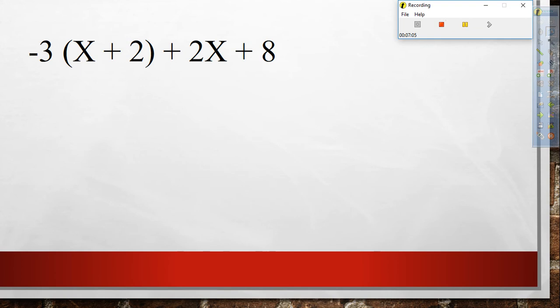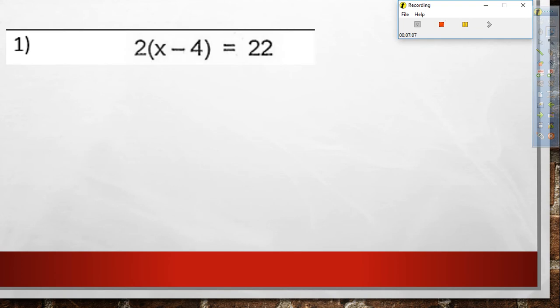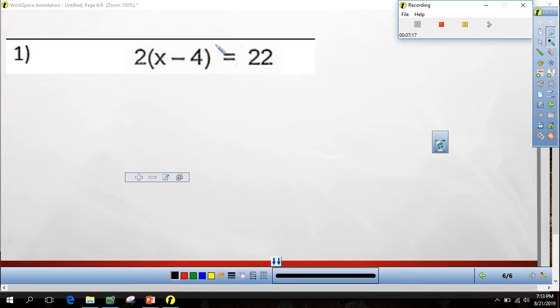Alright, now we're going to take that information and solve a couple problems. I have 2 parentheses x minus 4 is equal to 22. So when I go in to work that out, I'm going to combine what we talked about today and what we talked about yesterday. So first thing I'm going to do is draw a line through my equal sign.